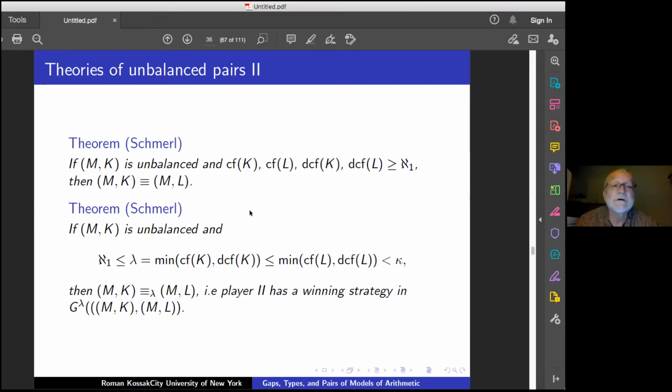It's interesting that all those unbalanced pairs share exactly the same theory. And it is a difficult theorem. It is a very beautiful theorem. I have been trying to prove or disprove it, and I couldn't. Then Jim wrote some arguments that I also couldn't understand.